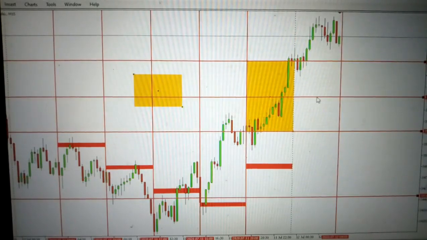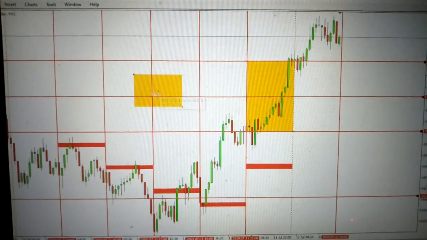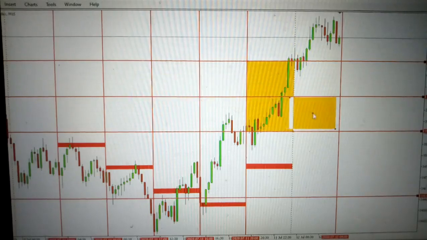So I'm going to divide this box into two, and that's that. Now we are in an ascending trend, so I will expect a support around here if price is going to drop. So I expect my support to be around this point.